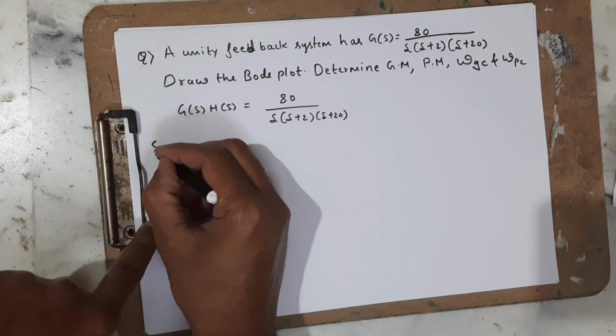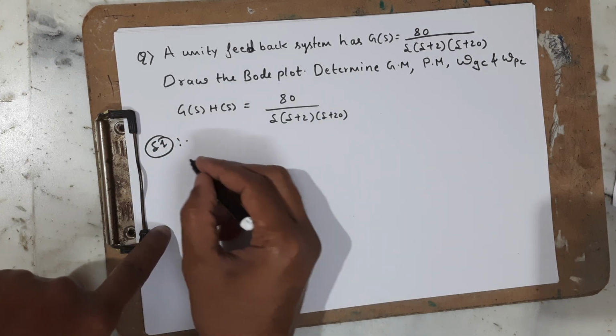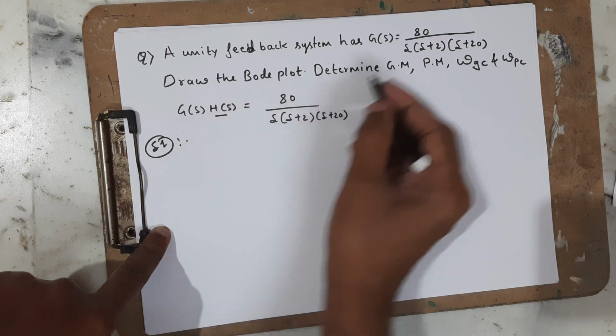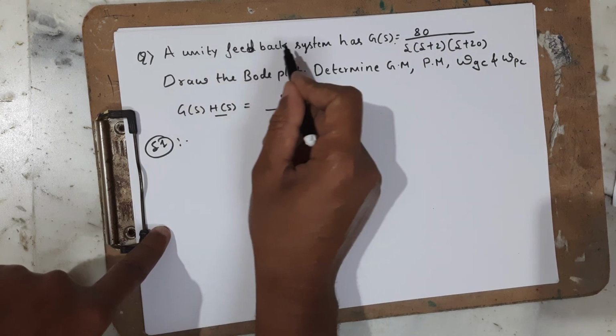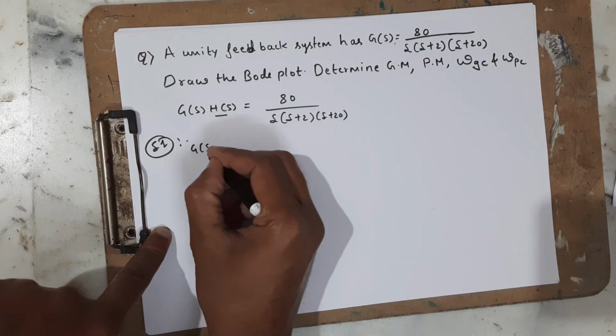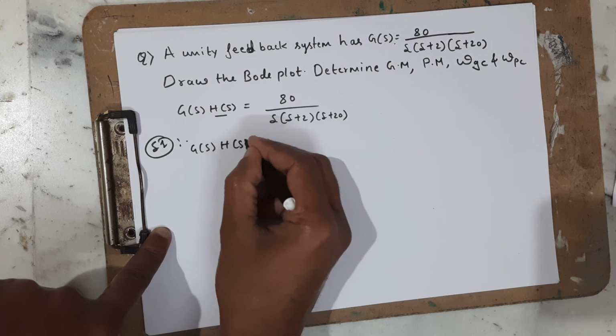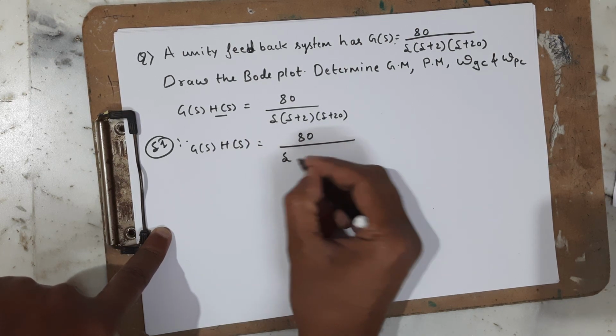That is step number 1, converting to time constant form. What is H(s) here? Here H(s) is not given. Instead, they are telling it is a unity feedback system. Unity means 1. So G(s) H(s) is equal to 80 divided by s.